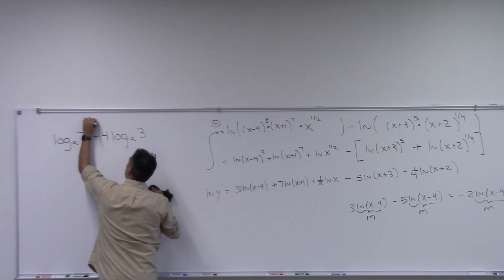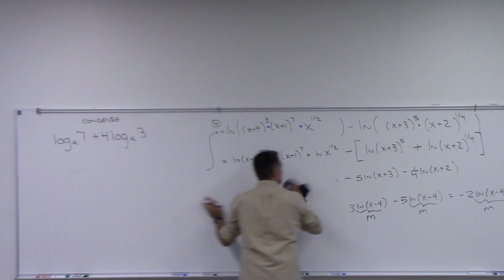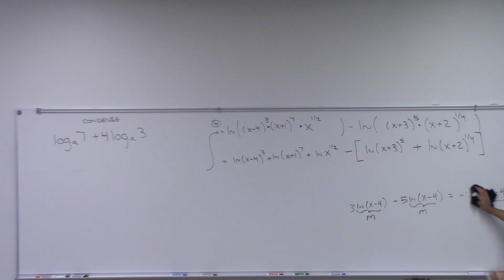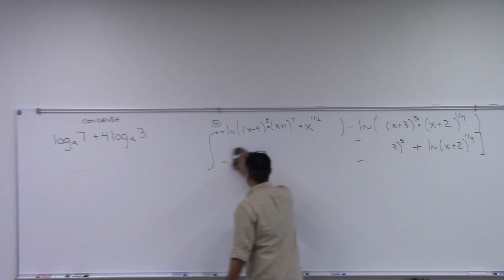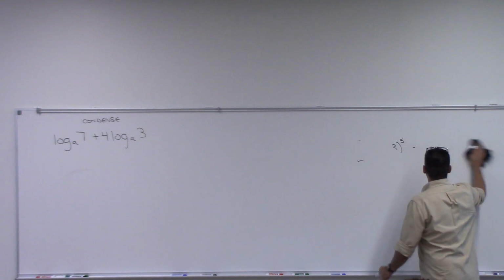Condense means try, if you can, to write this as a single logarithm. So instead of taking one log and ripping it apart, we're going to take multiple logs and put them together. It's just all the properties backwards.